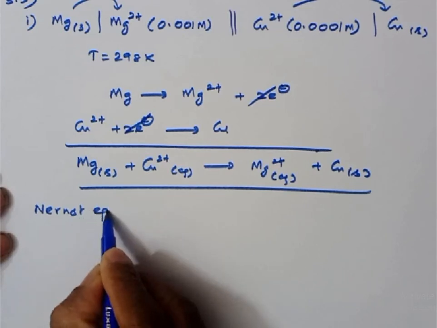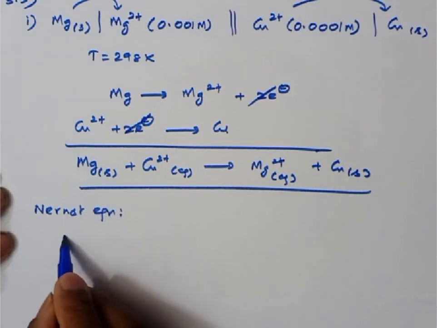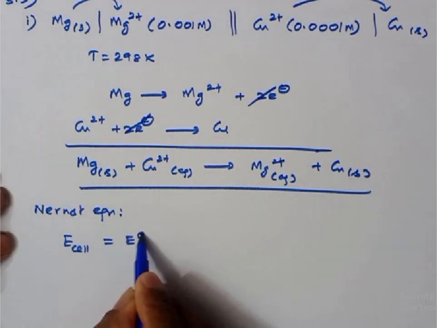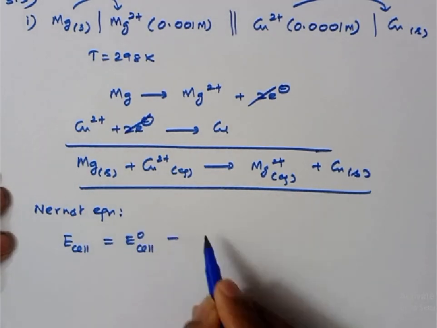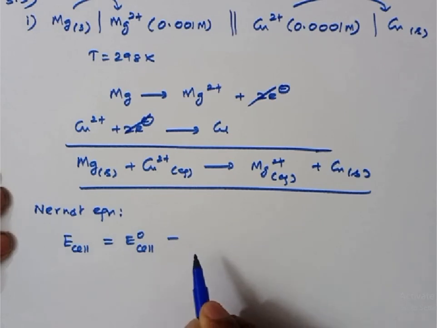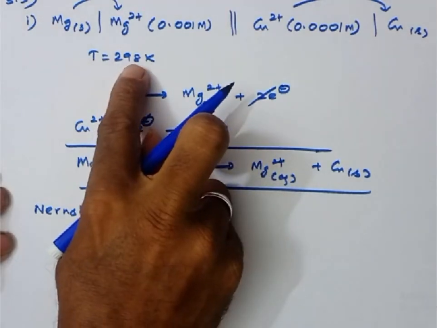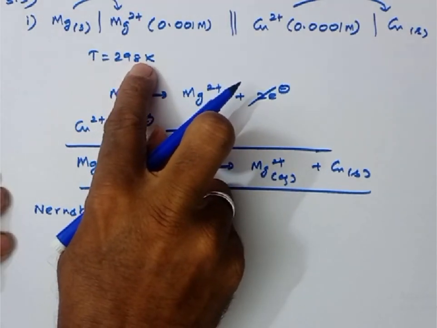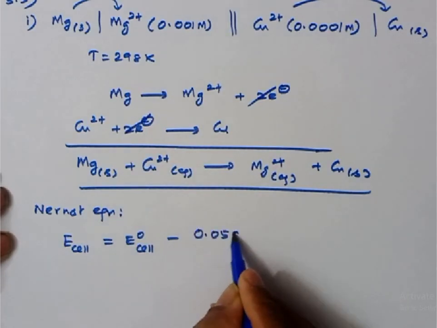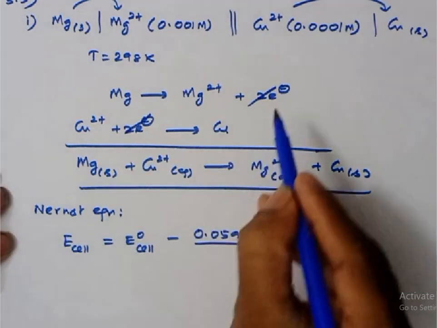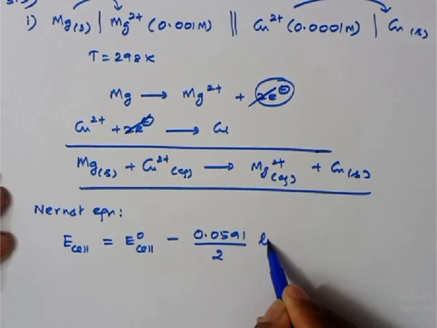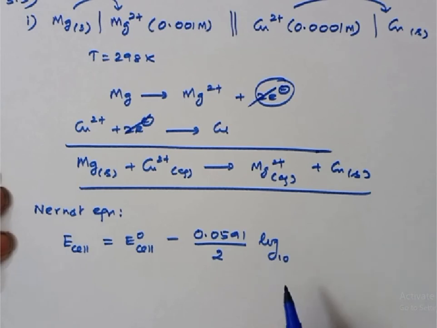E cell is equal to E naught cell minus, actually we should put 2.303 RT by nF, but the temperature is given as 298 Kelvin, which is 25 degrees Celsius, therefore that constant becomes 0.0591 divided by the number of electrons transferred in the overall reaction, which is 2, into log base 10, right?